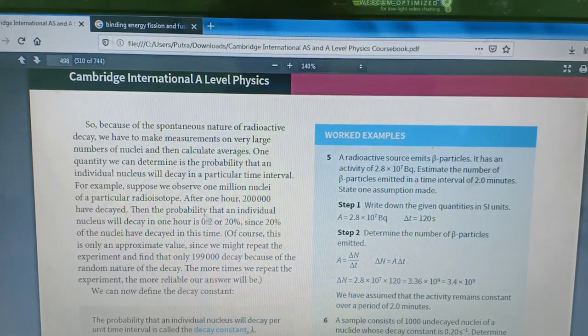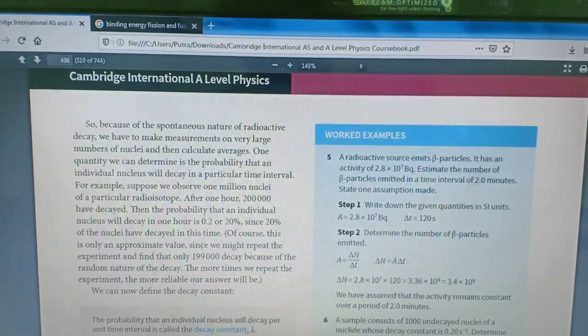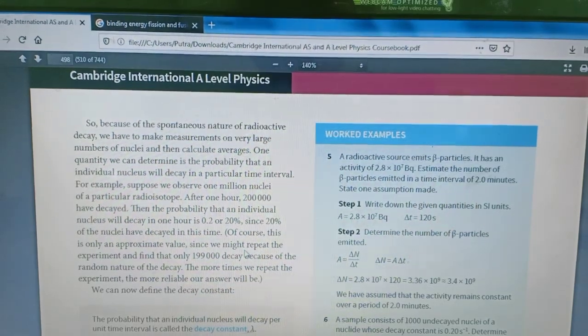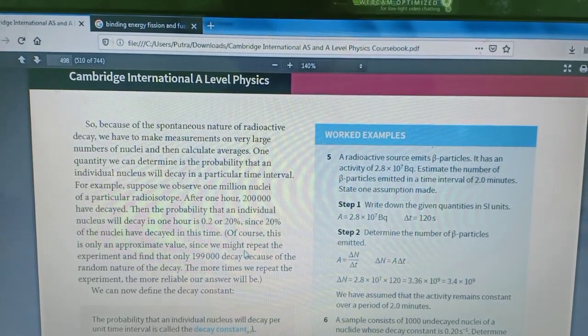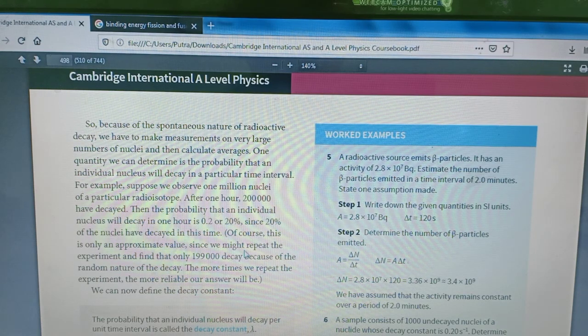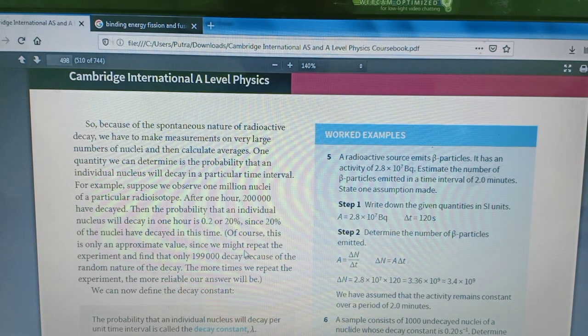Then the probability that an individual nucleus will decay in 1 hour is 0.2 or 20%, since 20% of the nuclei have decayed in this time. Of course, this is only an approximate value, since we might repeat the experiment and find that only 199,000 decay because of the random nature of decay. The more times we repeat the experiment, the more reliable our answer will be.